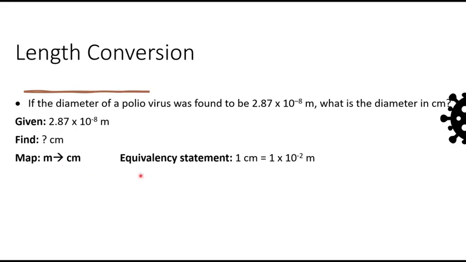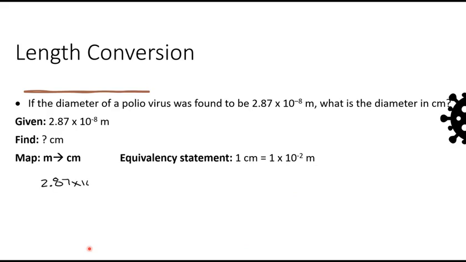That means we need to know what the equivalency is between centimeters and meters. Using our prefix multiplier table, 1 centimeter is equal to 1 times 10 to the negative 2 meters. Once we have identified how the given and the find units are related to each other, then we can set up our work.